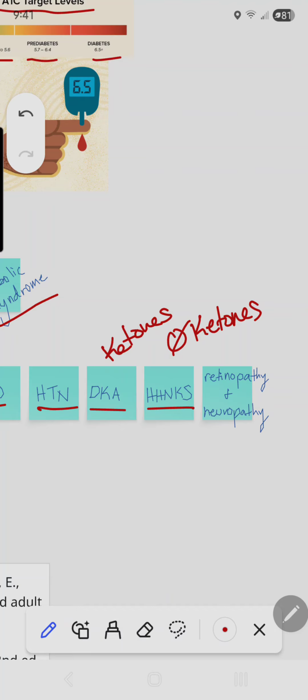The last thing to talk about with having high blood sugar and having diabetes is that a complication is retinopathy. Diabetic retinopathy is the leading cause of blindness. So that is definitely something to be aware of. Neuropathy is a decreased sensation.